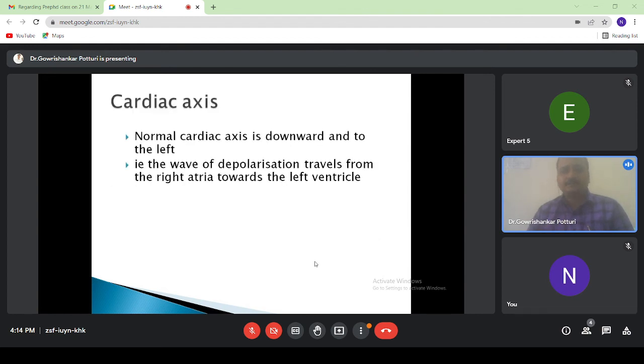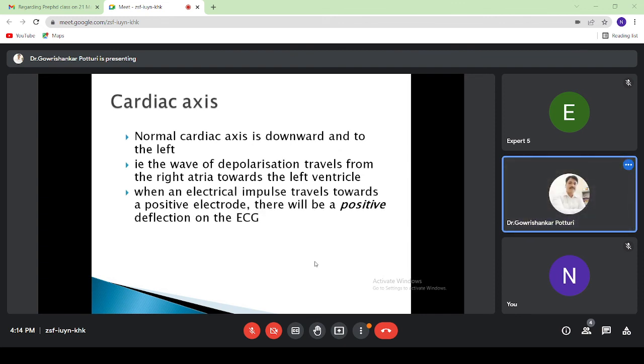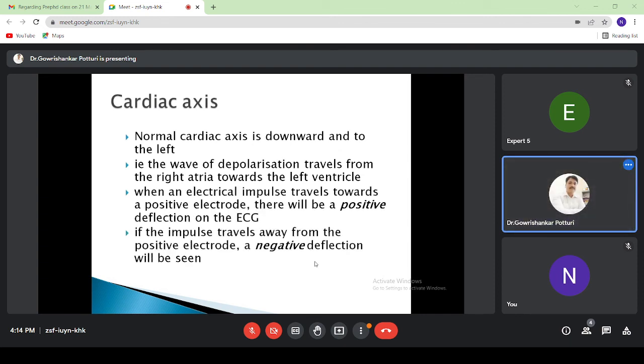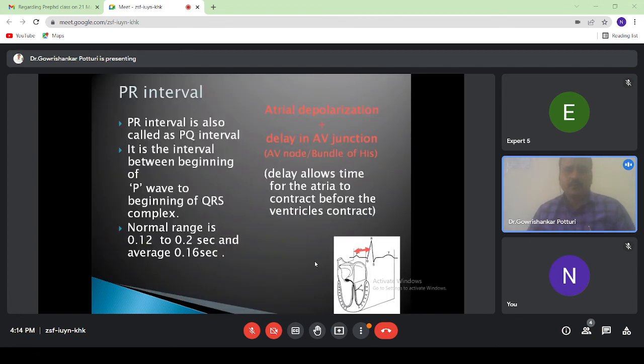Now, cardiac axis. Normal cardiac axis is downward and towards the left. That means usually the impulse generation will be towards downward and towards the left side of the heart. I will show you.